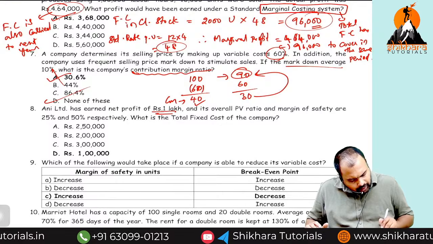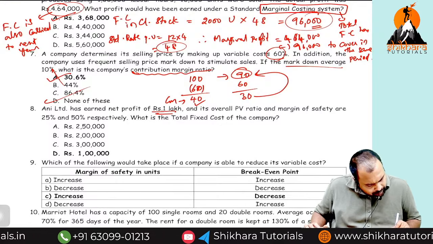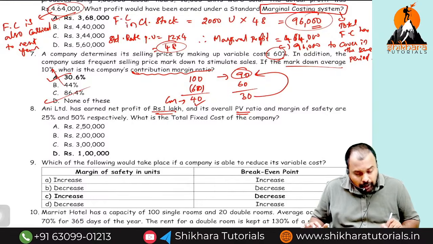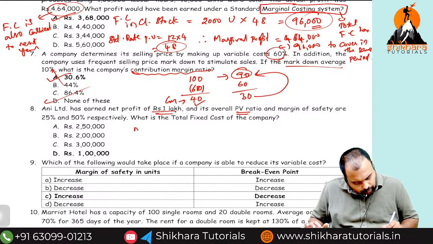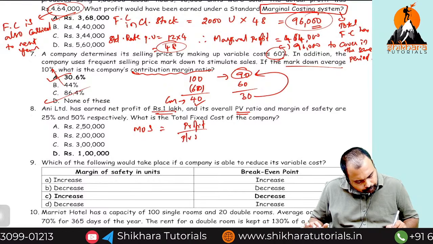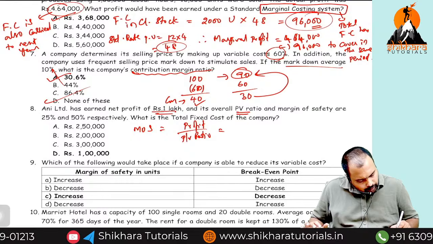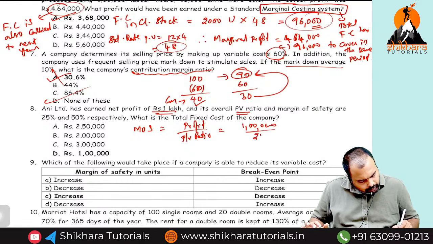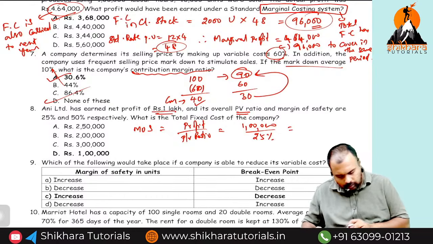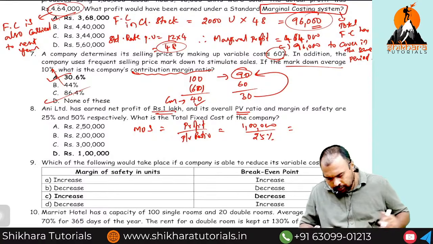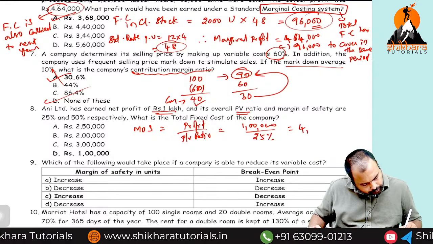So 1 lakh divided by PV ratio has to give margin of safety sales, because MOS is equal to profit by PV ratio. That is nothing but 1 lakh divided by 25%, which ends up with 4 lakh.